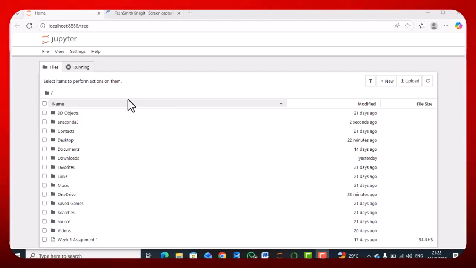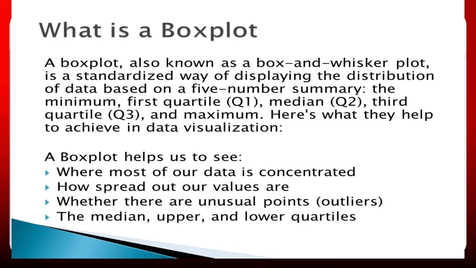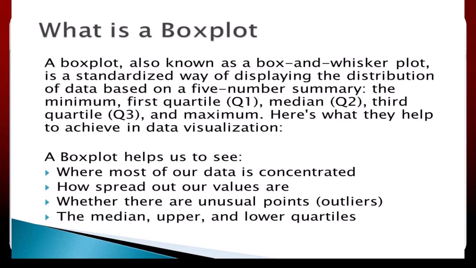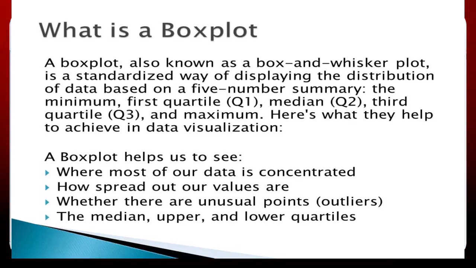Today, we are going to talk about box plot in data visualization. What is a box plot? A box plot is also known as box and whisker plot. It is a data visualization that shows five data.